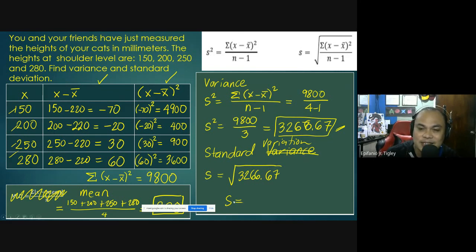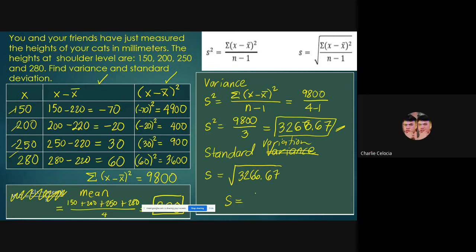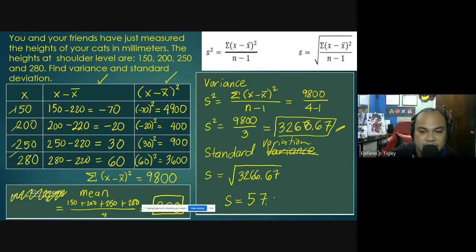Round off to two decimal places. 57.15. This is now our standard deviation.